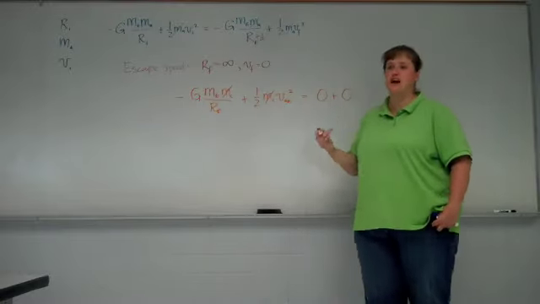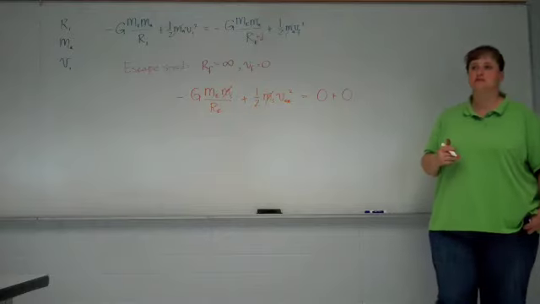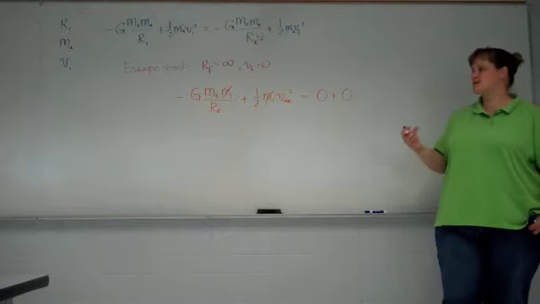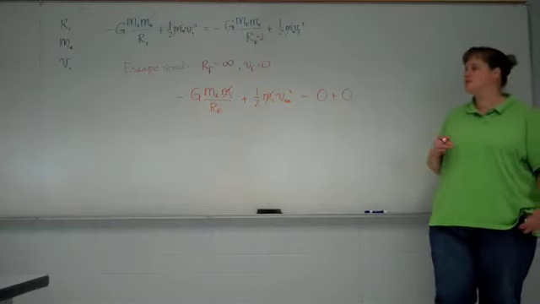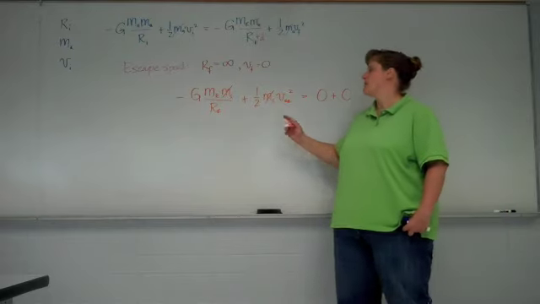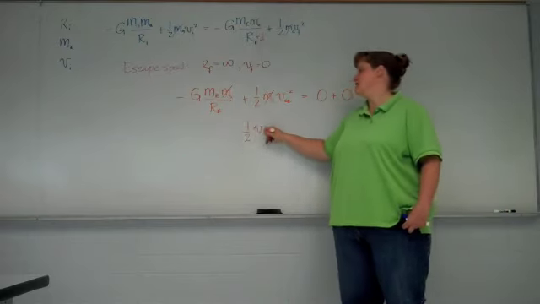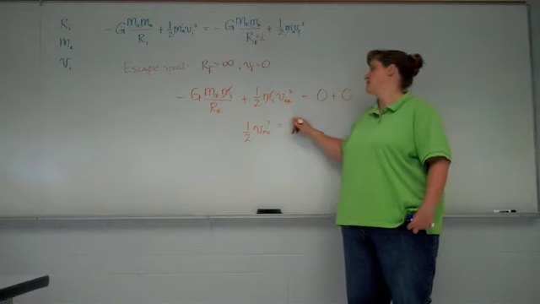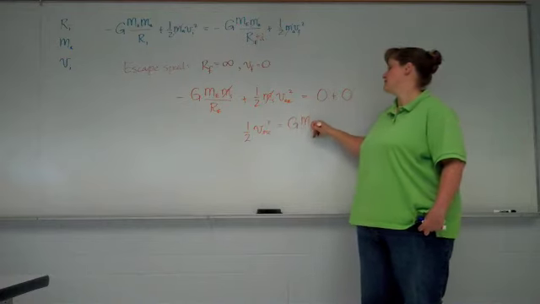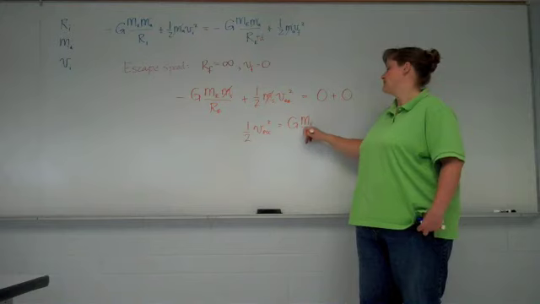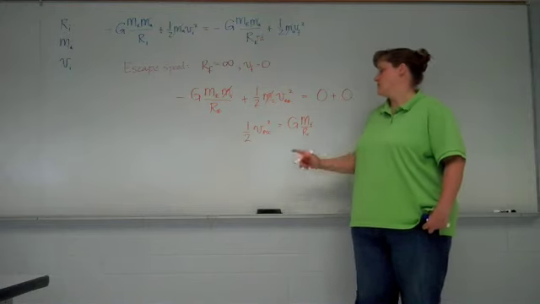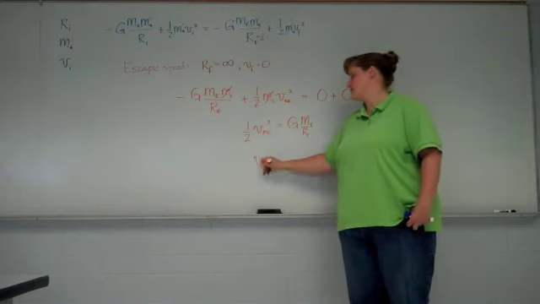The mass of the spacecraft will cancel, so the mass of the shuttle, the mass of the rocket, whatever it is that's going. Taking that to the other side, we'll multiply by 2 and then take the square root.